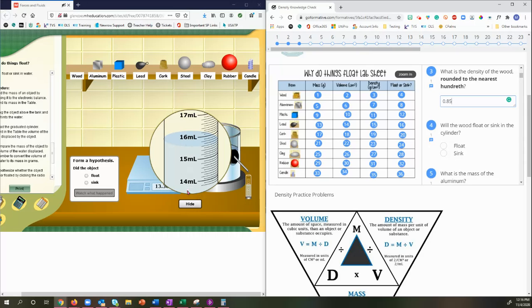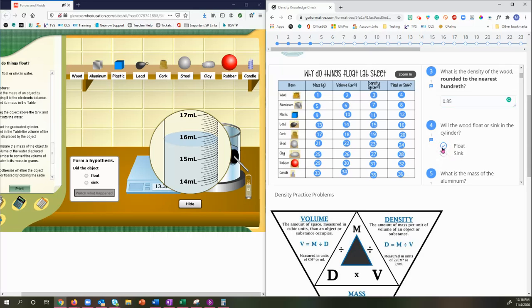If the density of this liquid is 1, and the density of the wood is 0.85, I have to think, which is going to be less? If the wood has less density than the water, it will float. If it has more, it will sink. I see that 0.85 is the density of the wood. That number is less than the number 1, so the wood is going to float.